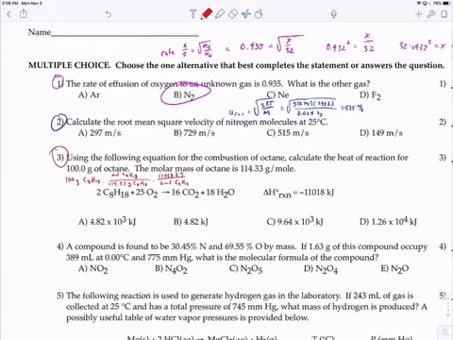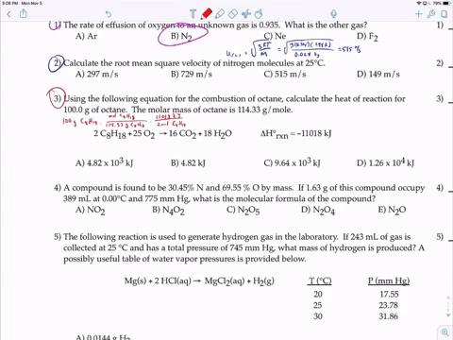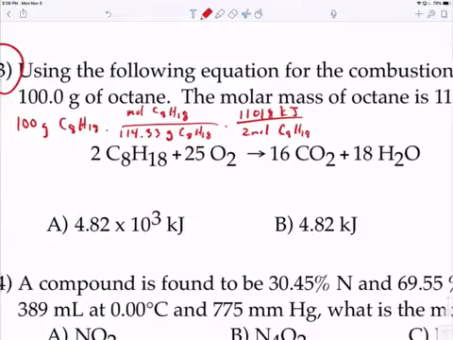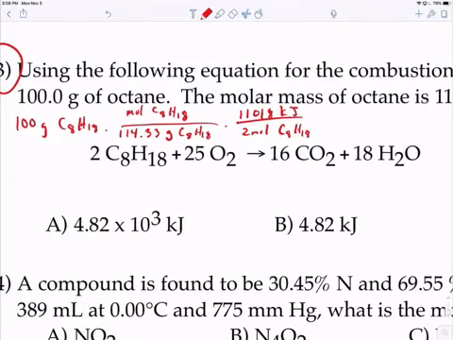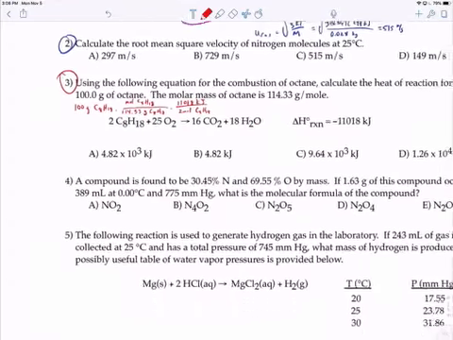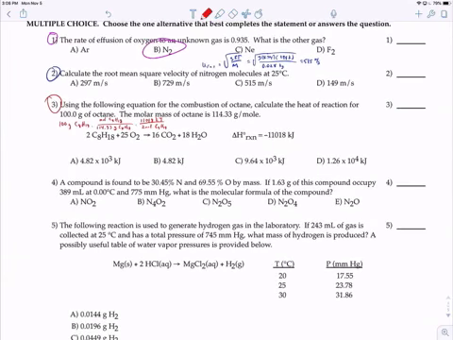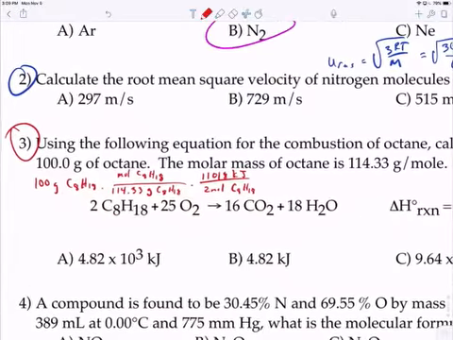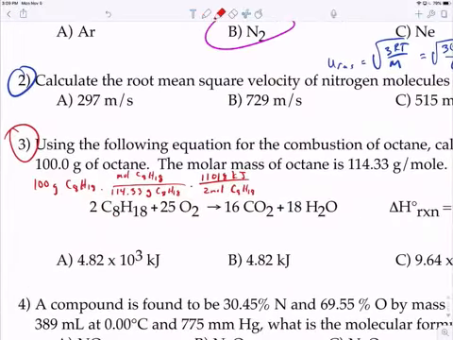But does this make sense for this setup? Questions with this? Okay. Is that 114.33 already for 2 C8H18, or is that just 1? Oh no, wait, there's 2 moles. Okay, never mind. Wrong answer.